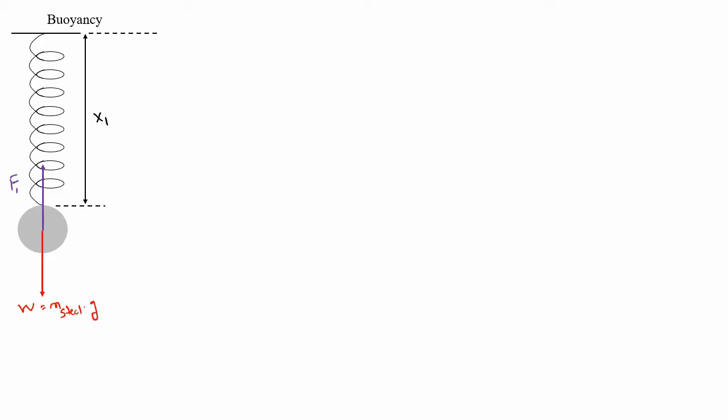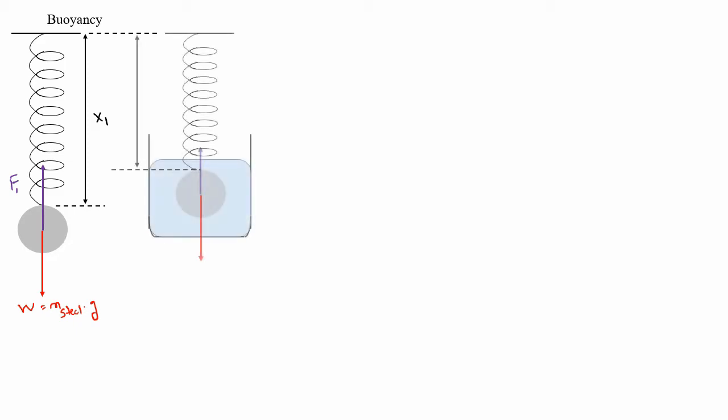But when we submerge the steel ball in water, then the spring's length reduces to distance x2. Okay. Now think about it here. Right now, the weight is still the mass of the steel ball multiplied by gravity, correct?